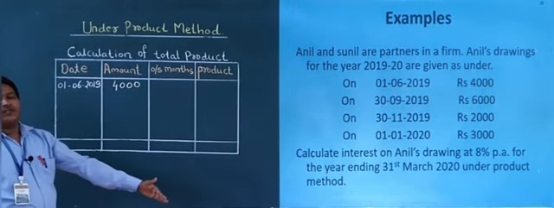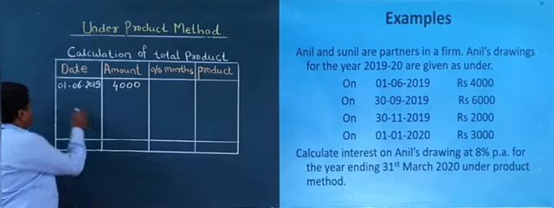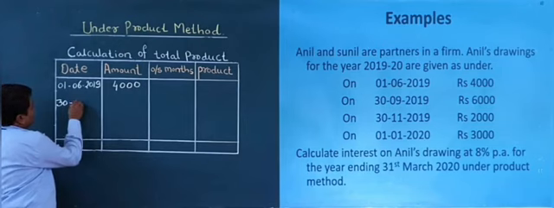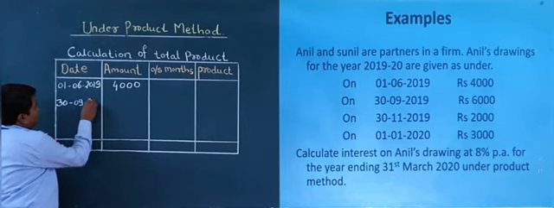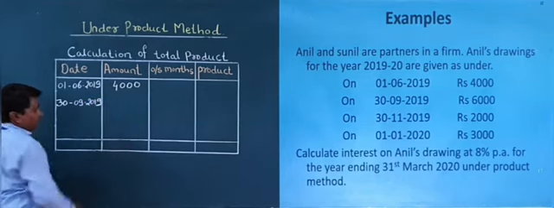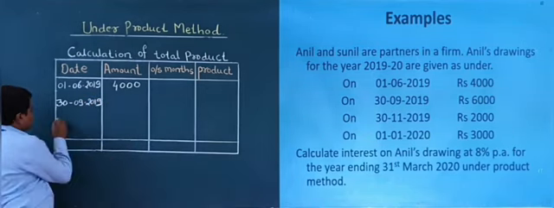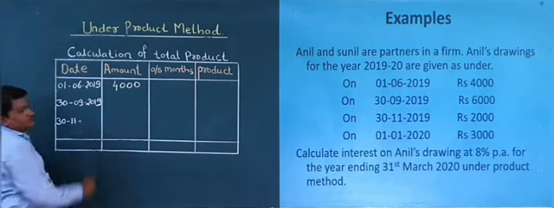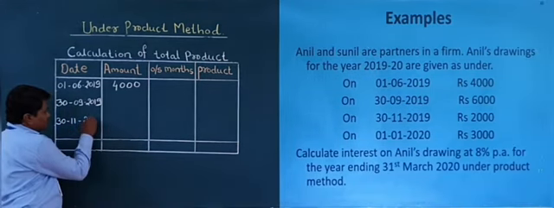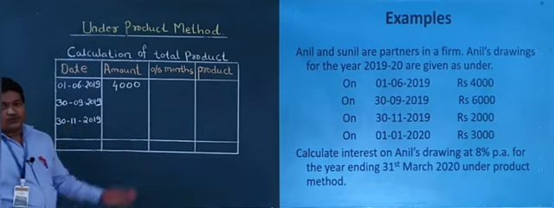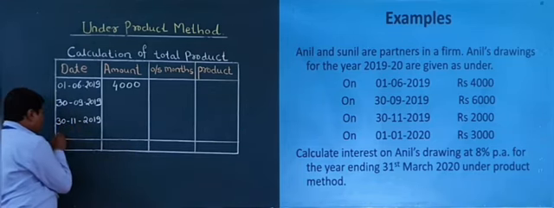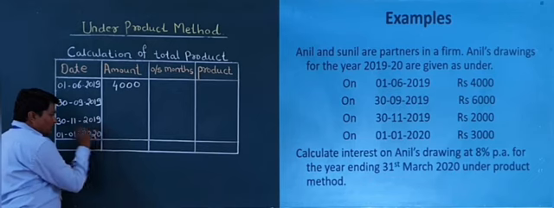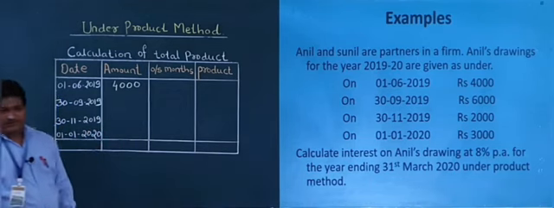Likewise, you write down all the dates and amounts first. The second date is 30/9/2019. The third is 30/11/2019. And the last date is 1st January 2020. These are the dates.